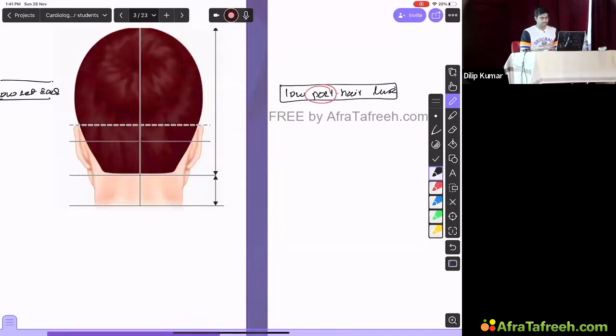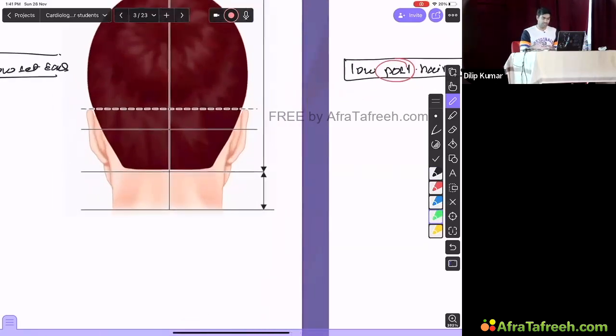So what is the definition of low posterior hairline? For that, you need to know certain important landmarks. What are the landmarks? First is the external occipital protuberance. The second landmark is the hairline itself.